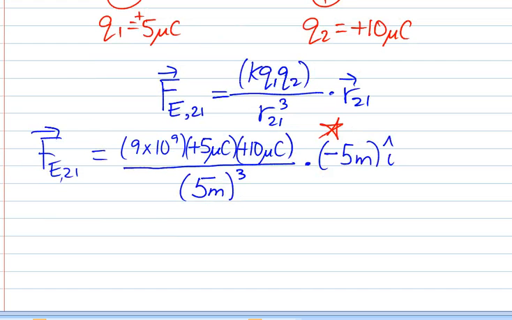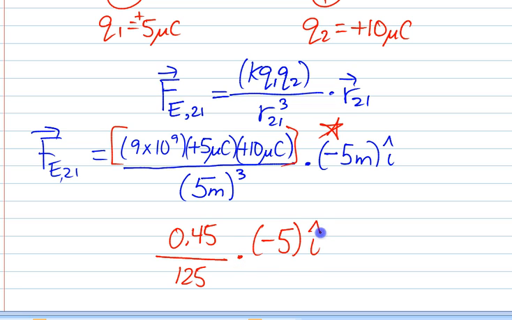And when I calculate my force, I'm just going to do this real quick. I'm going to get a numerator, all of this stuff is going to turn into 0.45. Now, I'm going to get 125 down here, and then I'm going to multiply that by negative 5 i hat. I'm getting rid of all my units.